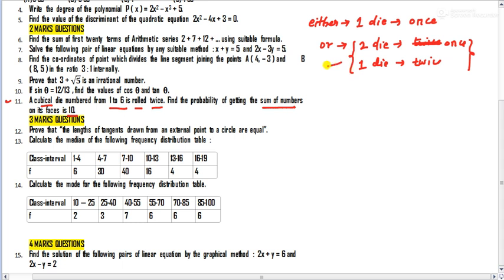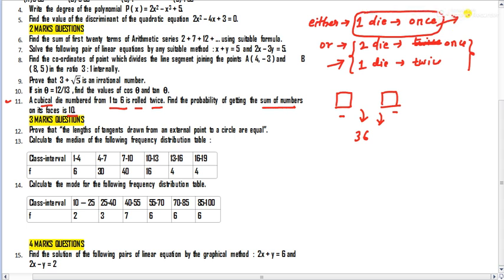Both of these mean the same. If we have two dice and you roll them, the total number of outcomes will be 36. But if there is only one die rolled once, there will be only 6 outcomes, that is 1 to 6: 1, 2, 3, 4, 5, 6. Are you getting this?